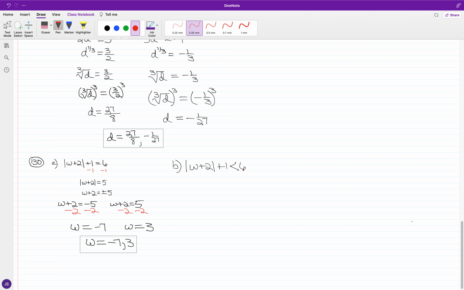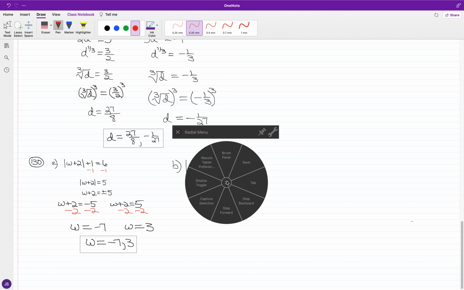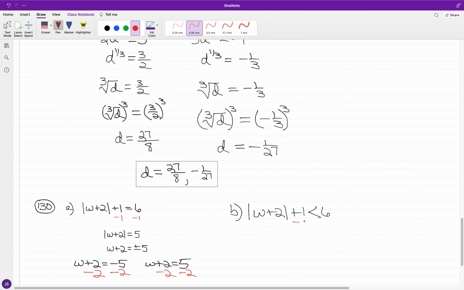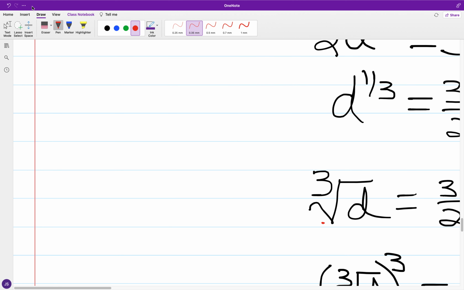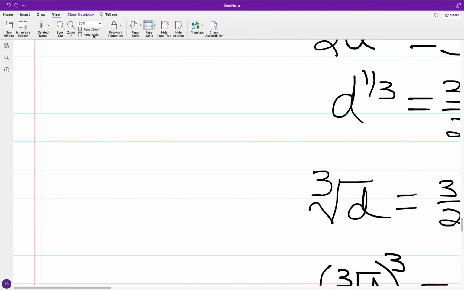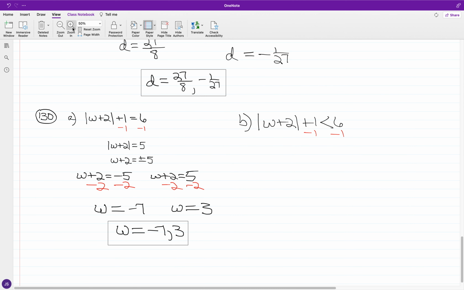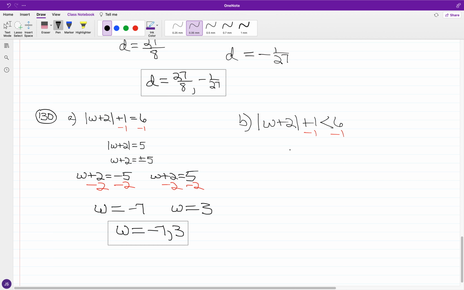And just a bit of history to repeat: instead of an equation, we have a less than inequality statement, but I've got the same terms, and I'm going to isolate what I have in W upon subtracting 1 from both ends. So once again, I have the absolute value of W plus 2 is less than 5.